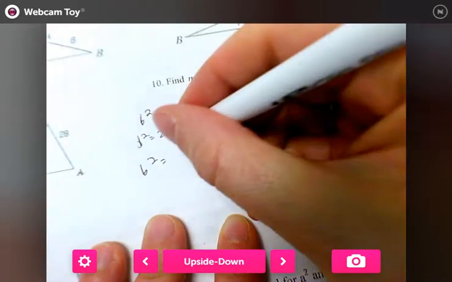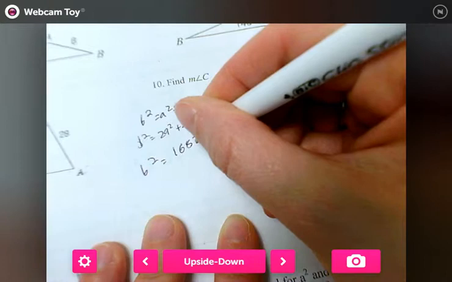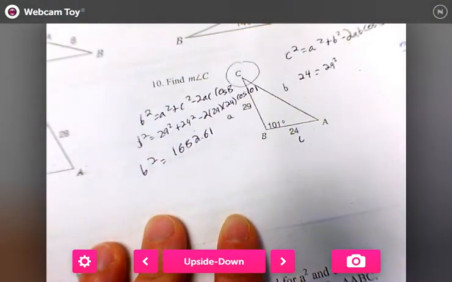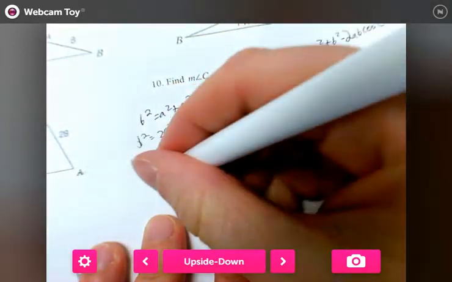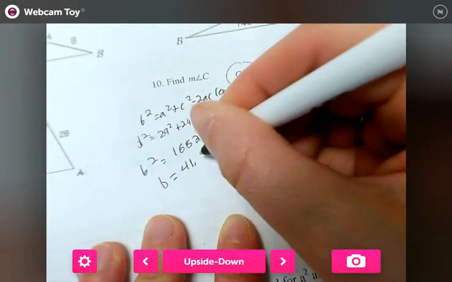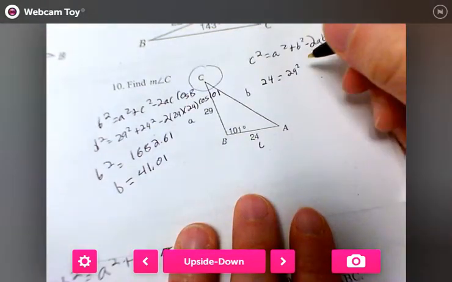And we get 1,682.61. And then we take the square root of that answer. And we get b is approximately 41.01.